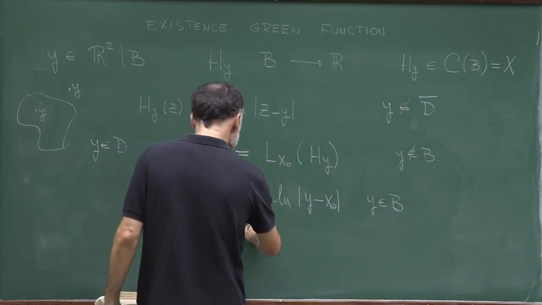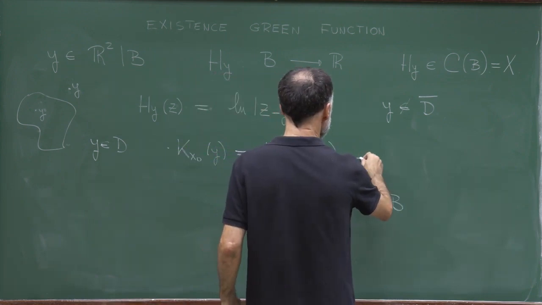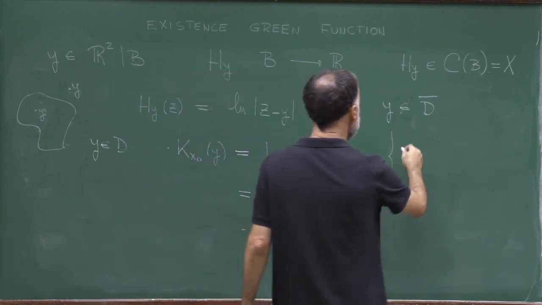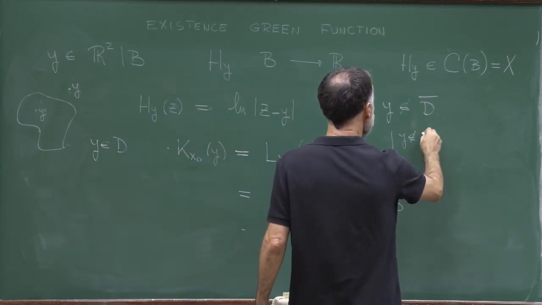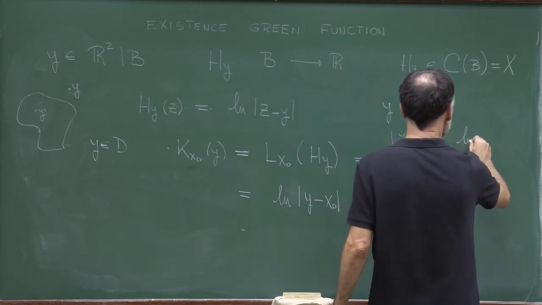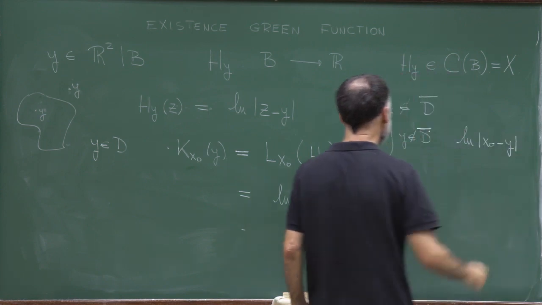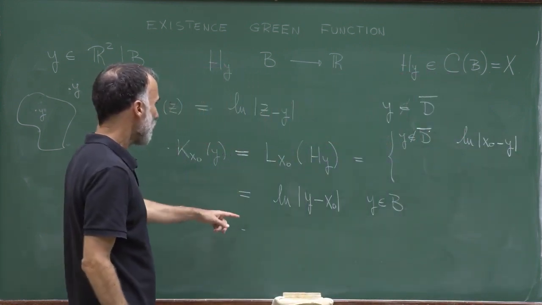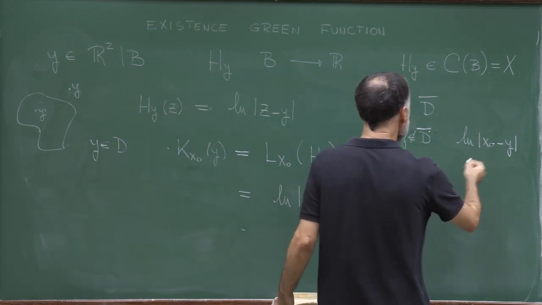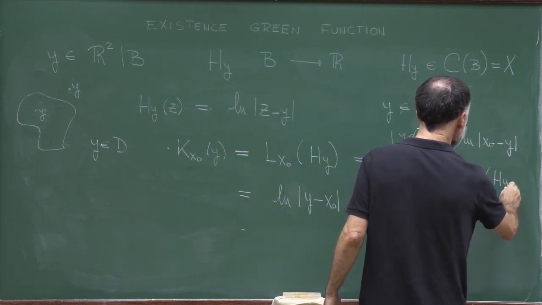And we can decompose in two cases. If y does not belong to the closure of D, this is, as we have seen, log of x0 minus y. While if y belongs to D, we don't know exactly what it is, so I'll keep the formula Lx0 of hy.